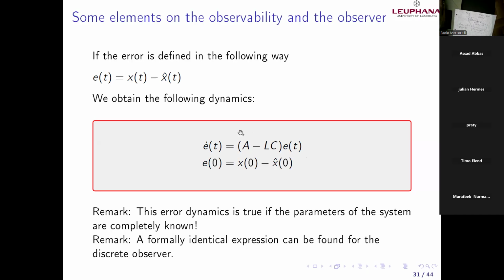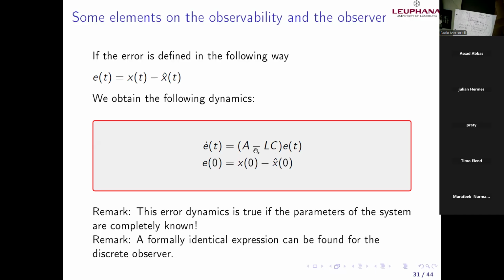The dynamics of the system is characterized by the matrix A. And the idea is to obtain the eigenvalues of the matrix A minus LC much faster than those of the matrix A.